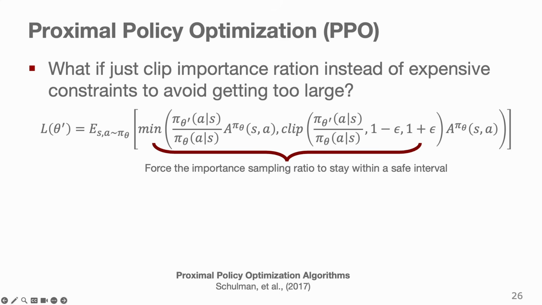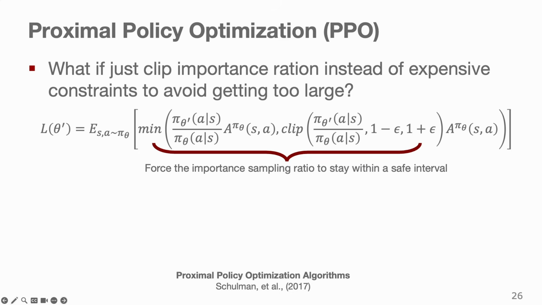So this is how our policy gradient update looks now. Essentially you can see we are constraining this to be inside some interval, and we are taking the minimum of these two clips.